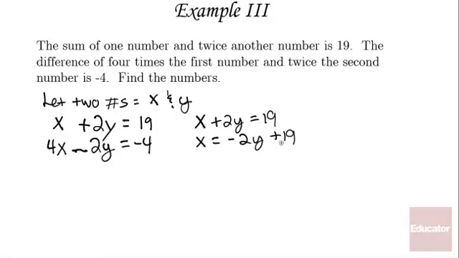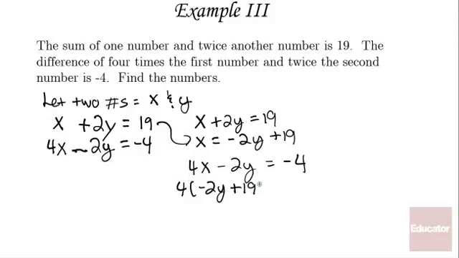Once I have this expression, I'm going to substitute it in the second equation for x. So my second equation is 4x minus 2y equals negative 4. This gives me 4 times the expression negative 2y plus 19, minus 2y equals negative 4.